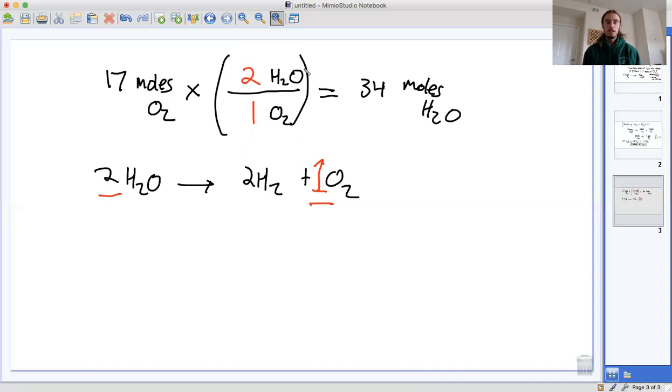So my general approach to these problems is to find a ratio of the coefficients that is going to change the units.